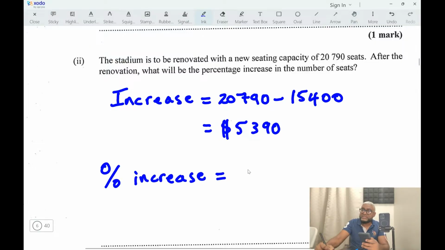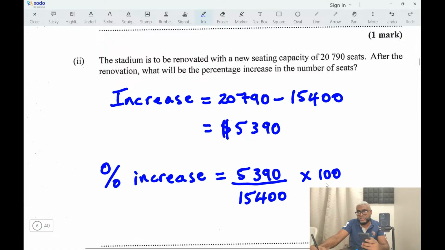That would be the increase, 5,390, divided by the original amount, 15,400, multiplied by 100 over 1. The increase over the original amount multiplied by 100.